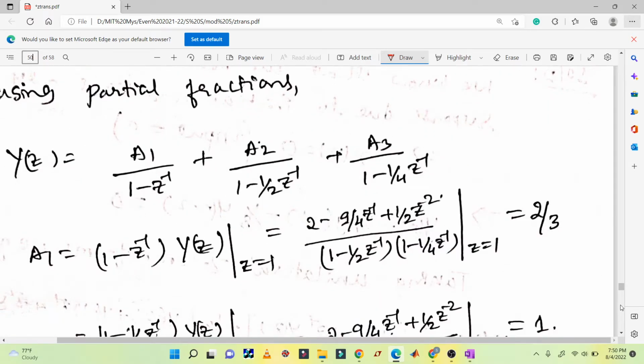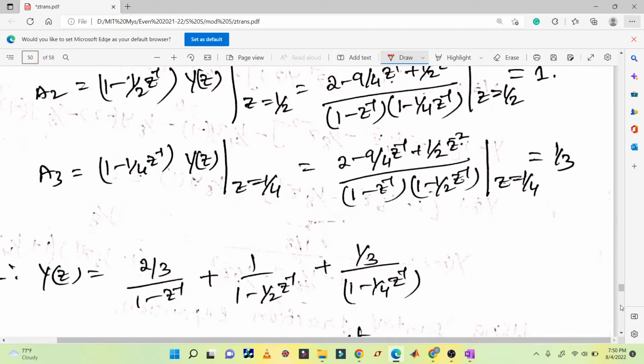So a1, a2 and a3. Value of a1 is 2 by 3, a2 is 1 and a3 is 1 by 3.